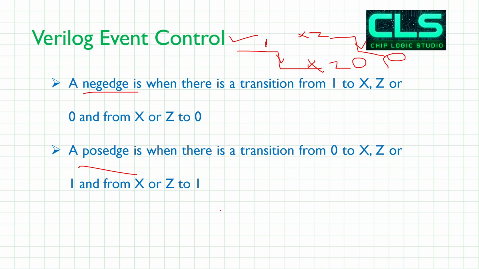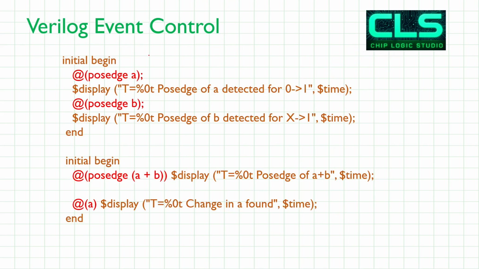Opposite of that is posedge of event. For example, if 0 to x or z goes up to 1, or from x, z or 0 something goes to 1. In this type of case we use negedge and posedge. So here is one example, like at posedge of a.